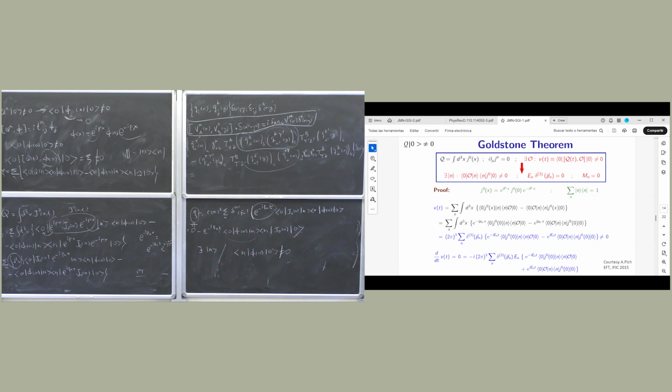Correct? But the mass of this state should be zero. It should be a massless particle, right?